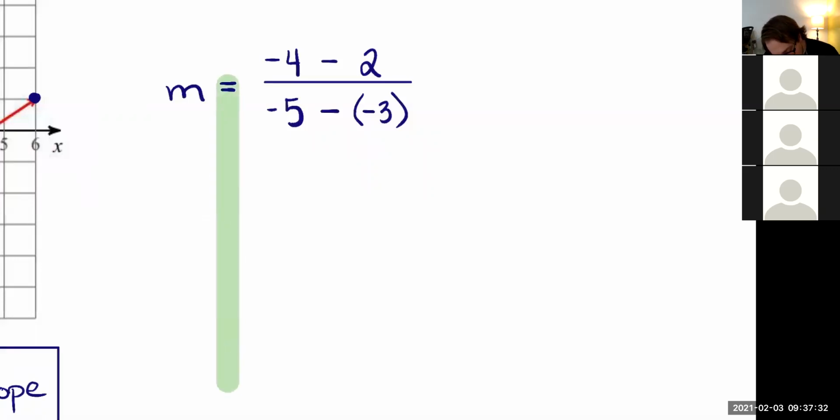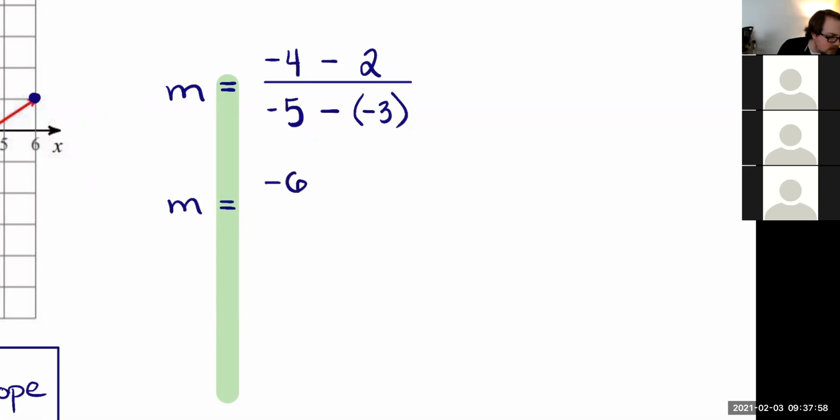M is already by itself. So really, I'm just trying to clean up this right-hand side. So I'm going to have m equals, on the top, -4 minus 2. What would that give me? -2? Not quite. They're both negative. -6. It'd be a -6.